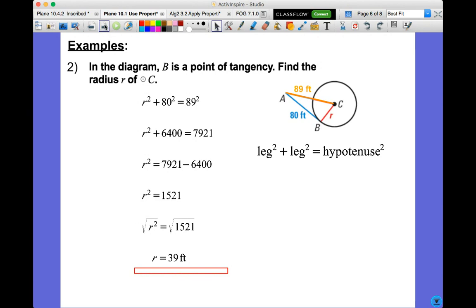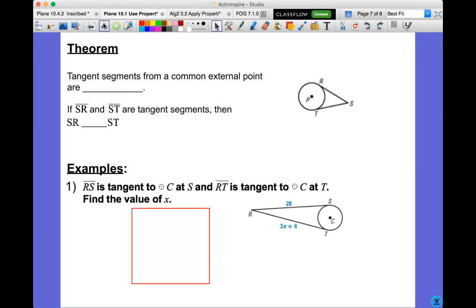Okay, let's take a look at another theorem. The tangent segments from a common external point are going to be congruent.